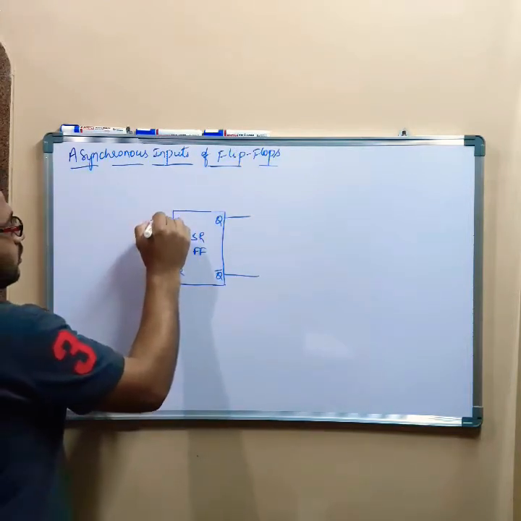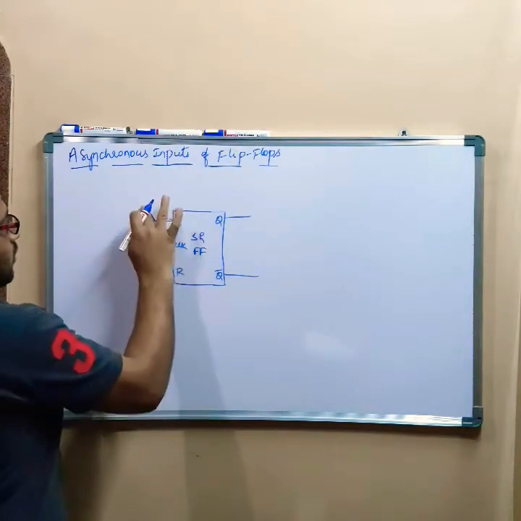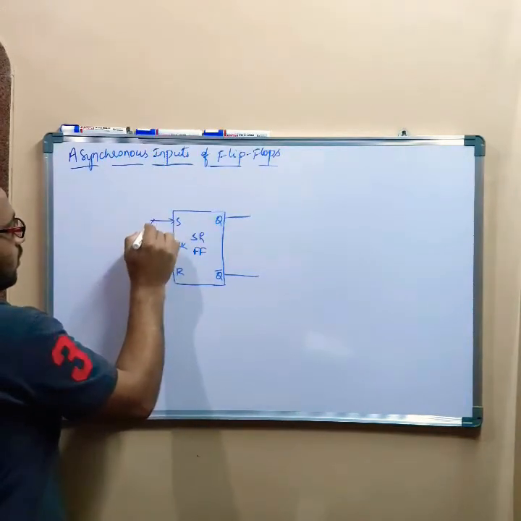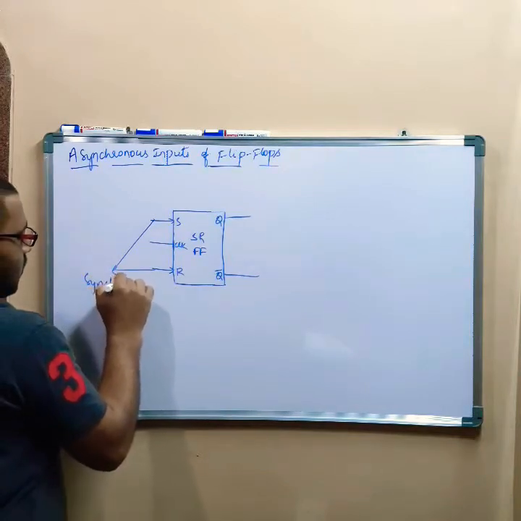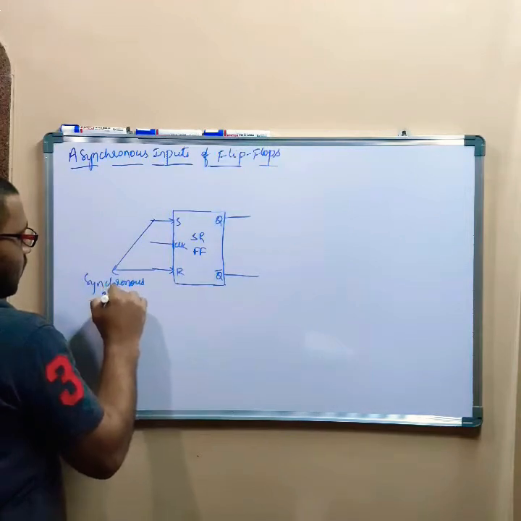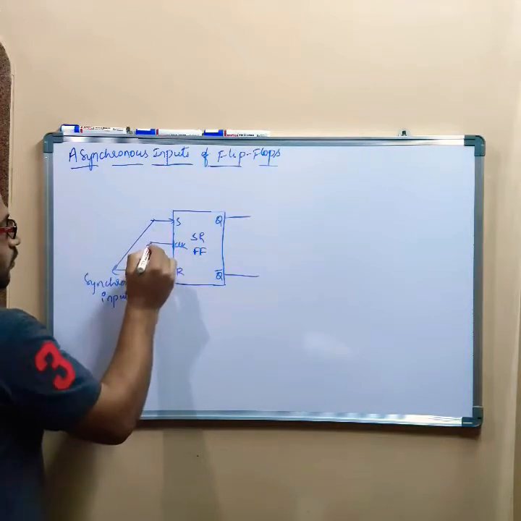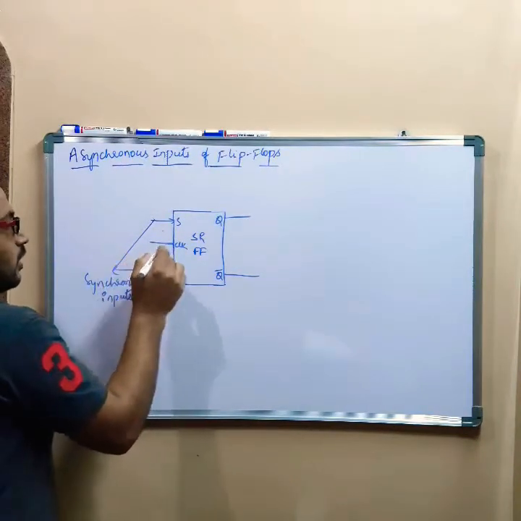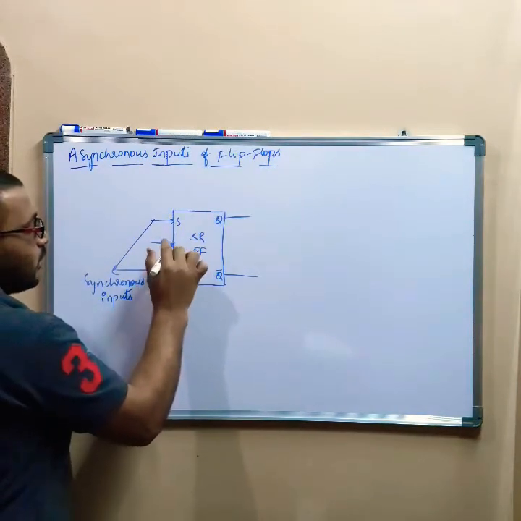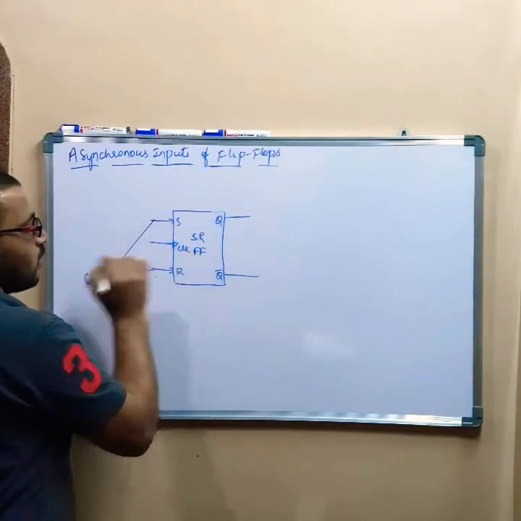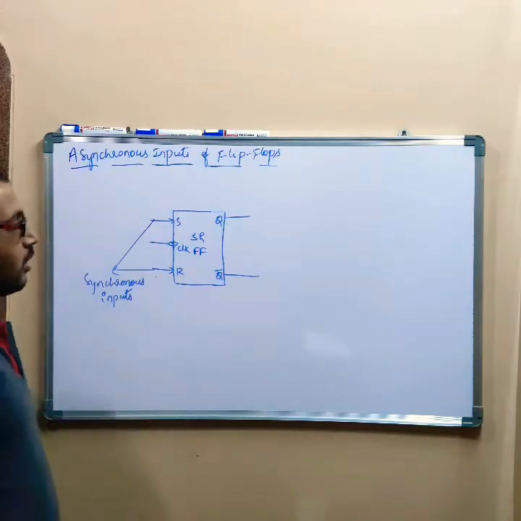We call these two inputs synchronous inputs, because these two inputs will synchronize with the clock pulse, whatever the clock may be, either level triggered or positive triggered or negative triggered.